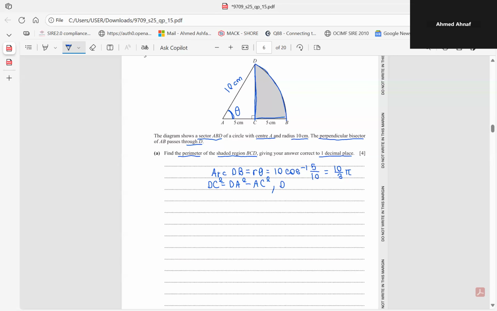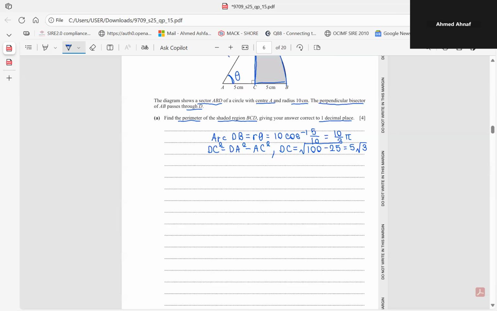So DC is the square root of DA squared, which is 100, minus AC squared, which is 5 squared, which is 25. So that's just the square root of 75. So the square root of 75 is just 5 times square root of 3.